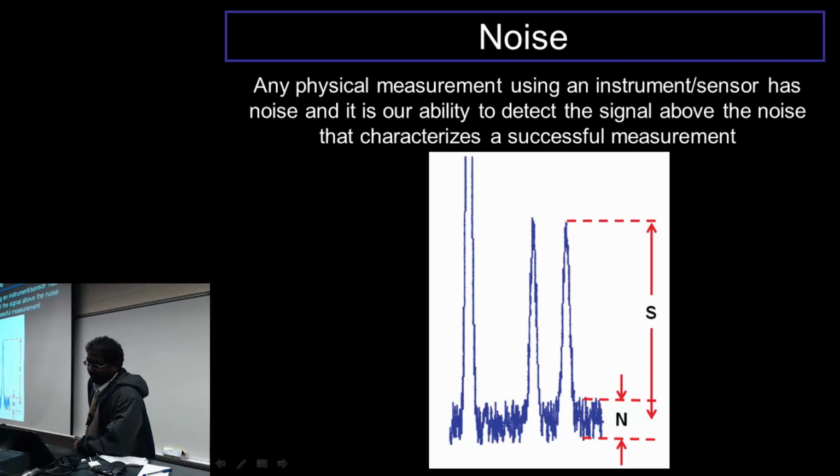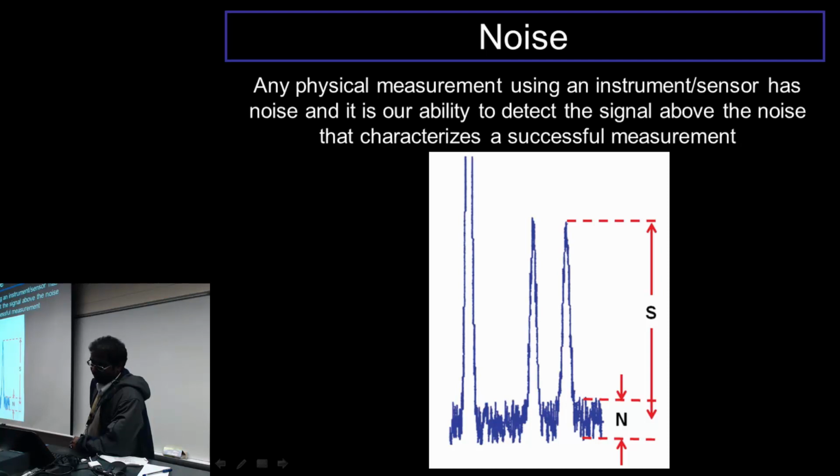So, any physical measurement, you would probably know by now in your experience in sciences, would have some error. How good your measurement is depends on how well you're able to distinguish your measurement relative to the noise. Let's say in this example, you have these peaks in your signal. Let's say this is your signal that you sample, or this is the induced EMF, and you see these peaks.